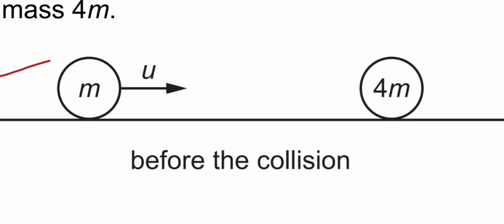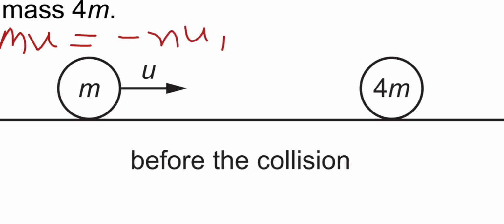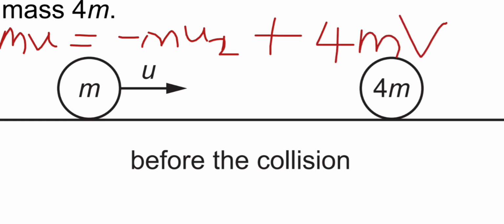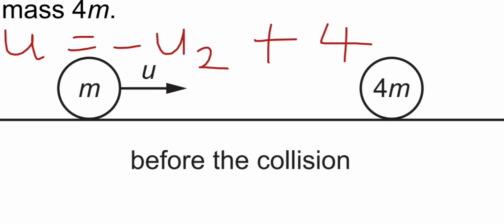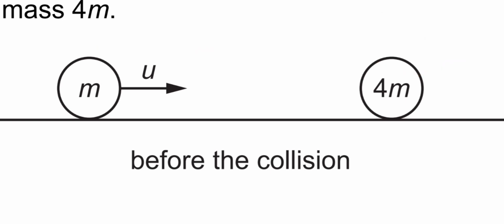So mu is equal to negative m u2, sorry, I don't know what speed it is moving with, plus 4mv, because it's moving in this direction, so it has to be positive. So I can cancel out these masses, and my equation simplifies to u is equal to negative u2 plus 4v. My question wants me to find this v, so let's go and look at what we are given.